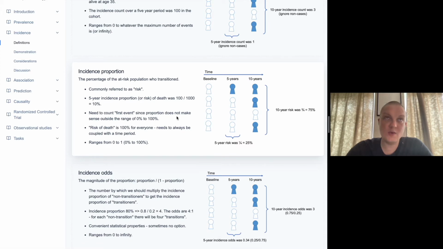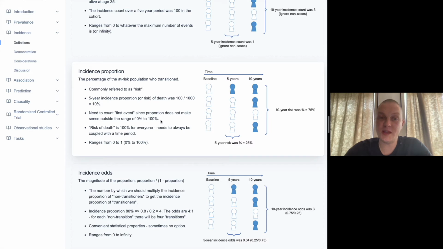You need to count the first event, since proportion doesn't make sense outside the range of 0 to 100%. So in this case, once somebody has transitioned, they've transitioned. With death, that's natural, because the number of occurrences of death is 1 for everybody, but other things such as certain types of diseases or diagnoses could occur multiple times for an individual.